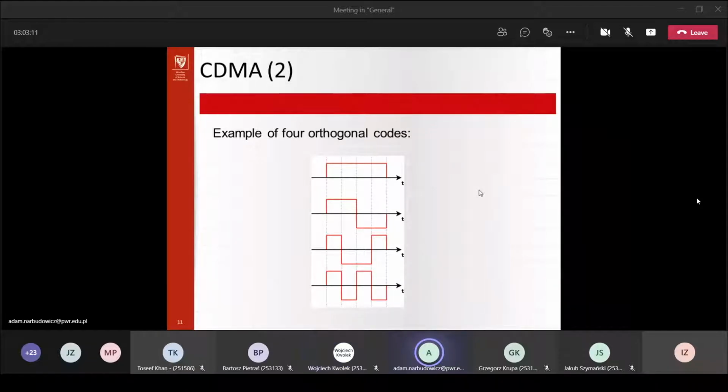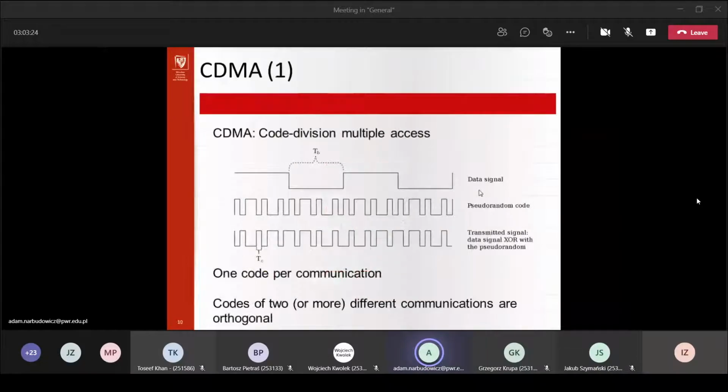Yes. All right. So one important thing with code division multiple access is that you might think, okay, if CDMA is so efficient, why don't we all simply use code division multiplexing, where we have the same bandwidth, same time, and we can serve multiple users?